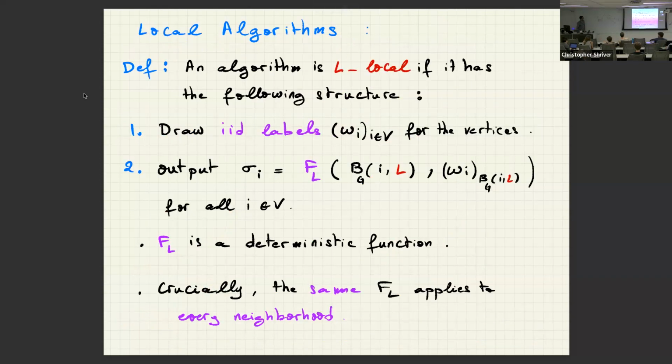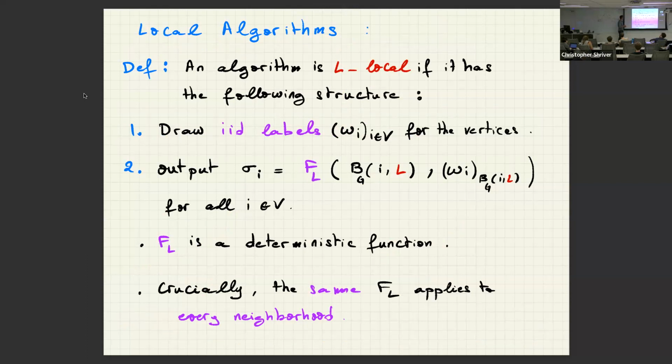Right, so you guys know what local algorithms are, but okay, an algorithm is local if it has the following structure. Let me define this on a finite graph. I'm going to draw IID labels for each vertex, omega i, in some probability space. Let's just say they're real Gaussian.